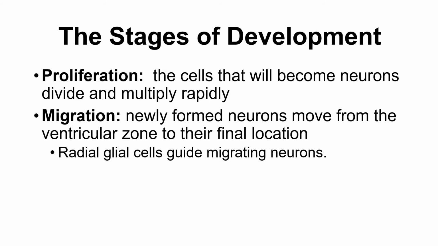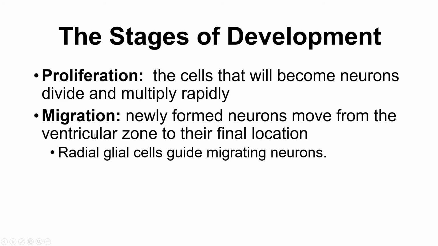So this is a massive growth, a massive multiplication in the number of cells that we have. So this happens in that ventricular zone, the area that surrounds the hollow tube that we just talked about forming. So it's surrounding what will become our ventricles and the central canal towards the end. So proliferation is where we have rapid multiplication or rapid division of our cells.